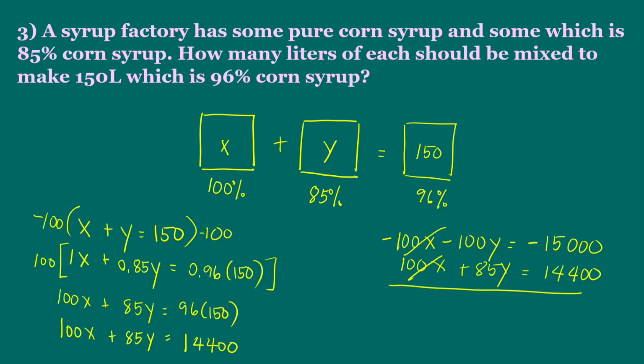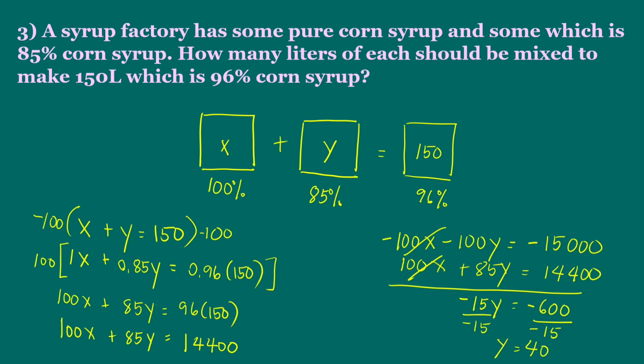Negative 100 plus 85, so that's negative 15y. 14,400 combined with negative 15,000 will give us negative 600. Right? And then divide both sides by negative 15. We will come up with 600 divided by 15, 40. Alright? So 40 is the variable y.